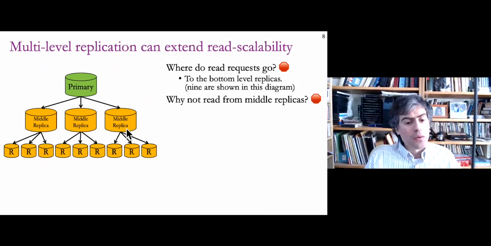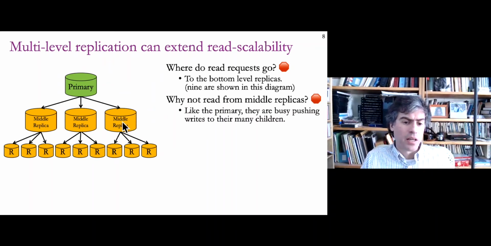Why not read from these middle replicas? What do you think? I mean, technically you could do it, but the problem with that is that these middle replicas are not going to have as much extra capacity as the leaf replicas, because these middle replicas are doing the extra work of propagating every write to children.